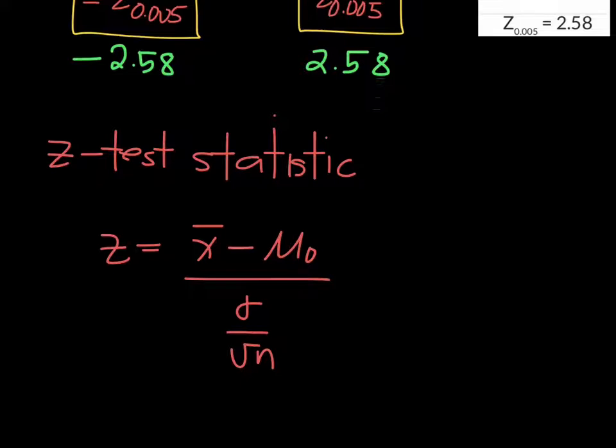And if sigma is unknown, then we have to place s instead. Now this z will be a computed number. This is what will set our decision rule.